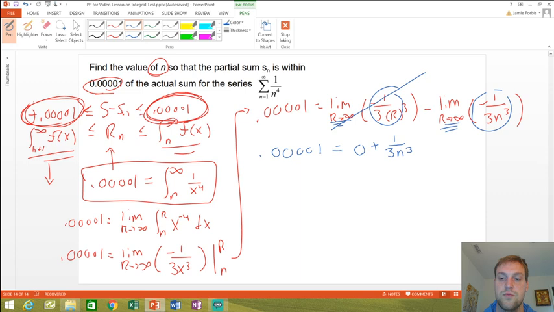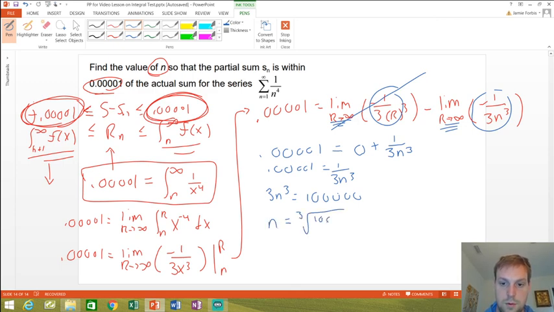And now I'm just going to solve for n. 0.00001 equals 1 over 3n cubed. If I do a little bit of math here, 3n cubed is equal to 1 divided by that number, which is 100,000. I can divide by 3 and take the cube root, and that's approximately 32.1829.